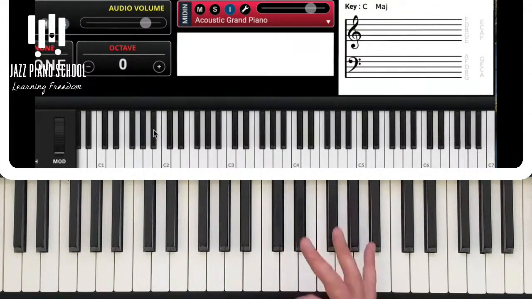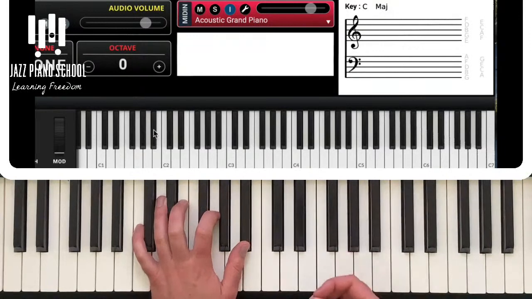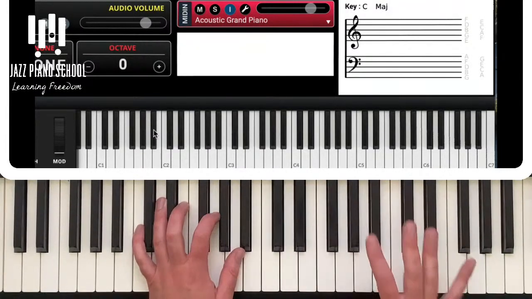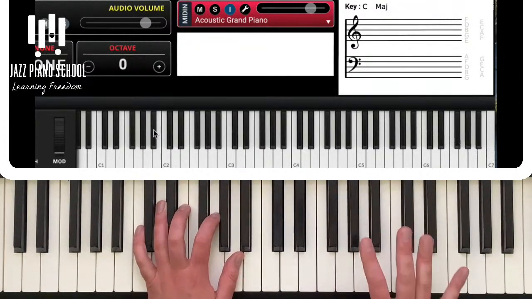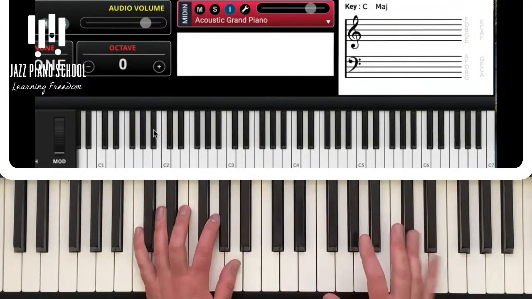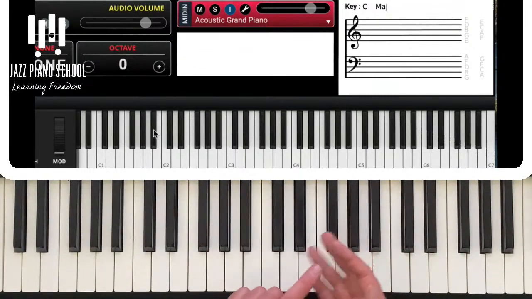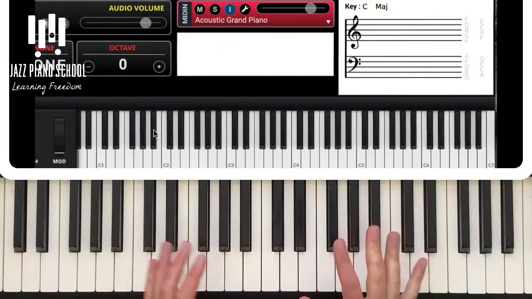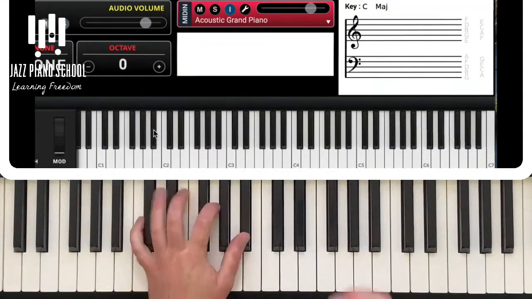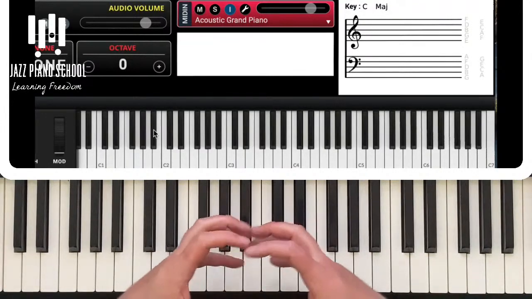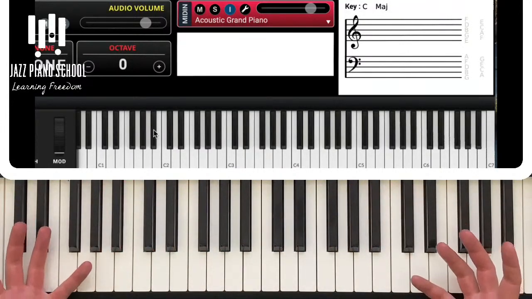Okay, now finally, step 3 before I wrap up is going to be what to do next. What to do next after you've learned your upper structure triads and you can play them well. You know a lot of them for your minor sevenths, your dominant sevenths, and your major seven chords. What do you do next? The next step is to take them apart.